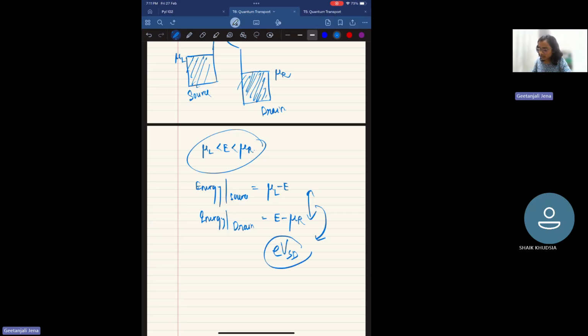So this energy dissipation is independent of the energy of the electron.